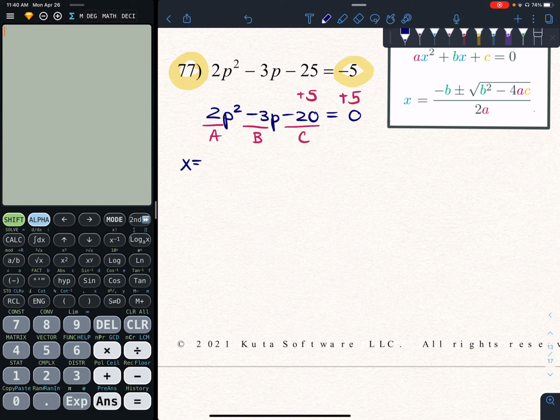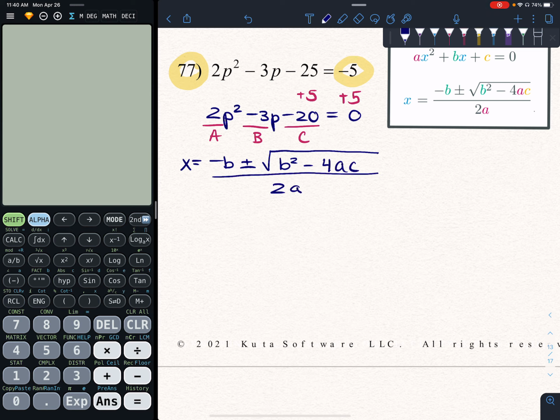So x equals, and I'll just write it again, to model what a good answer looks like. You should be writing it every time. So now we have negative b, and in this case our b is negative 3. So here we have negative 3, which will simplify to a positive number.